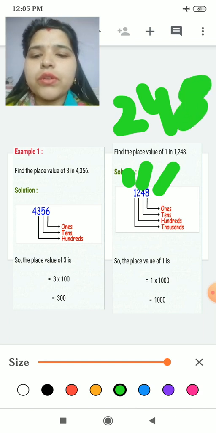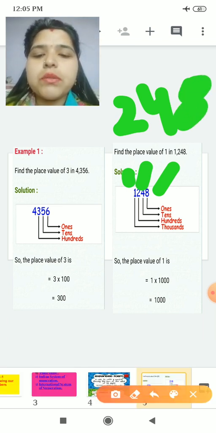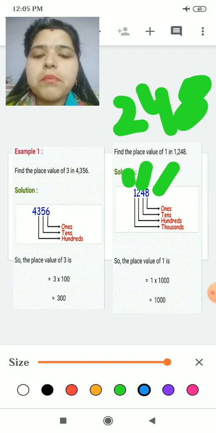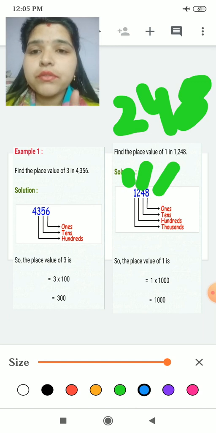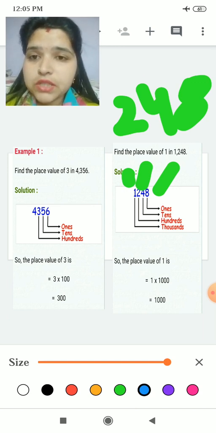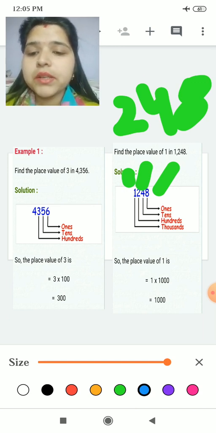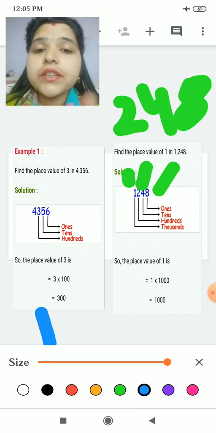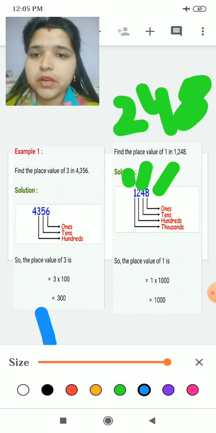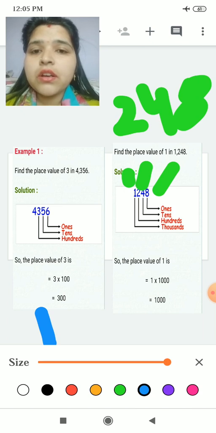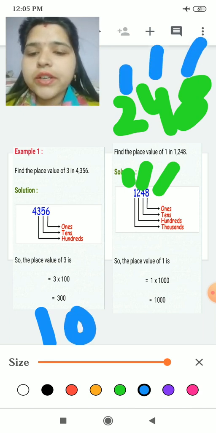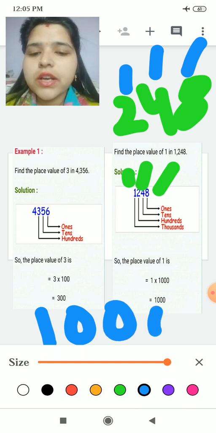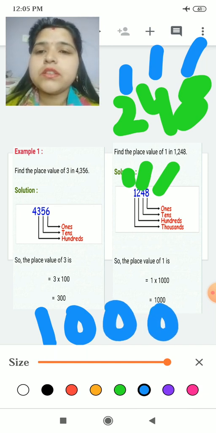Ones, tens, 100, 1000, 10,000, lakhs, 10 lakhs, crores, 10 crores. This chart is called the Indian system of numbers. Understood class? Again I am repeating. First we have ones, thousands, lakhs and crores.